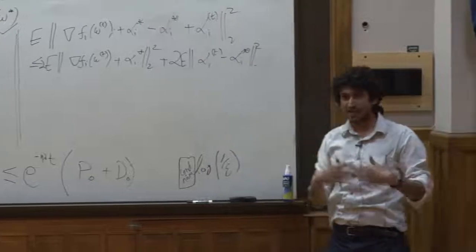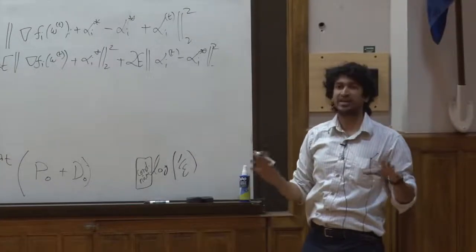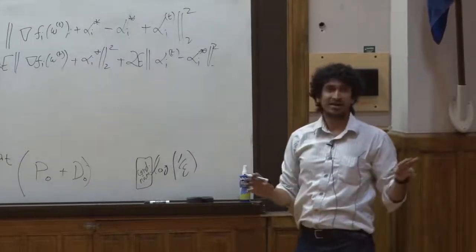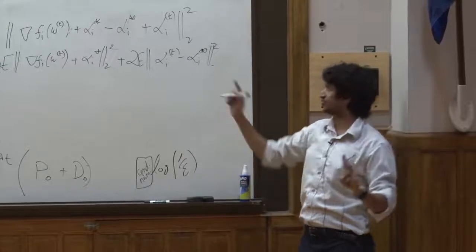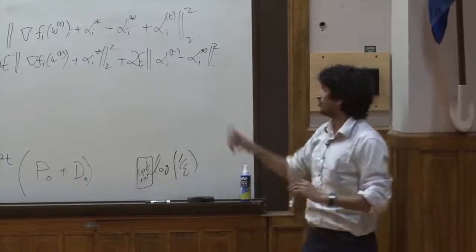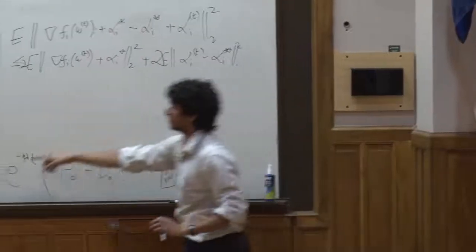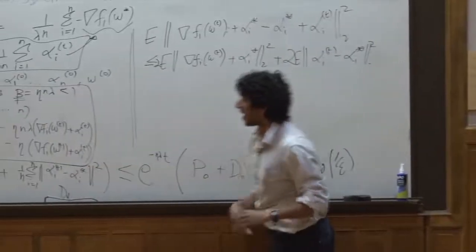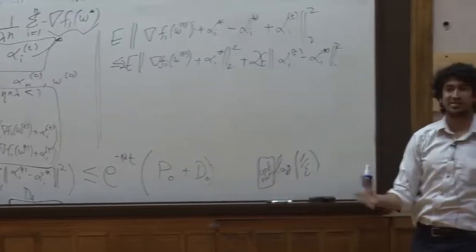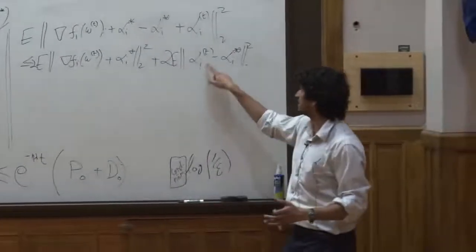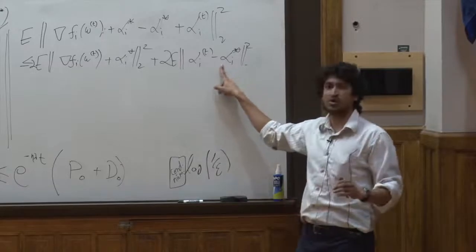Now, at this point, I can immediately conclude that this goes to 0, and there are two reasons, one for the first term and one for the second term. The second term goes to 0 because of dual convergence. Dual convergence shows that alpha It converges to alpha I star exponentially fast, so this term is going to 0 exponentially fast.